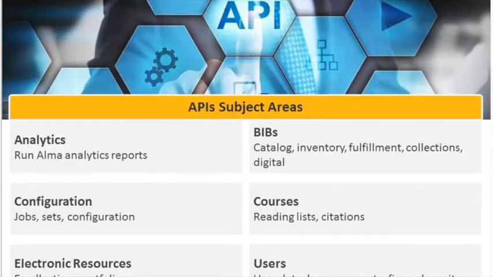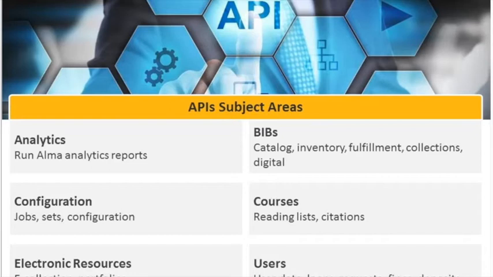We have subject areas. I mentioned some of these already, but in terms of analytics, we have APIs making it possible to run ALMA analytics reports. In terms of configuration, we have APIs for jobs, for sets, and for ALMA configuration. In terms of electronic resources, we have APIs for e-collections and for portfolios.